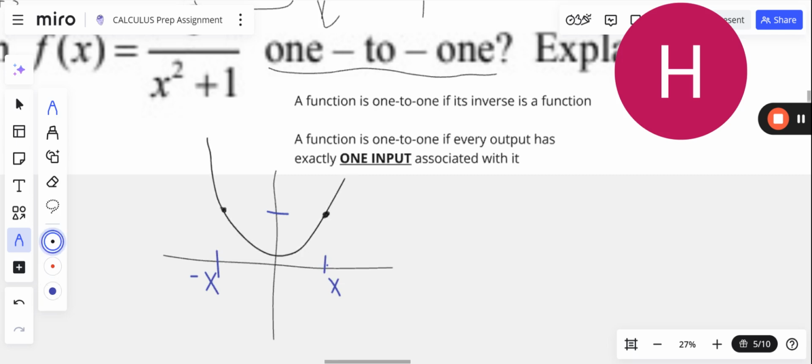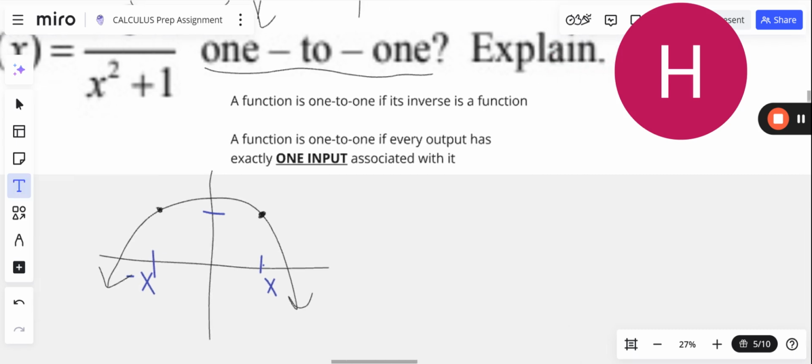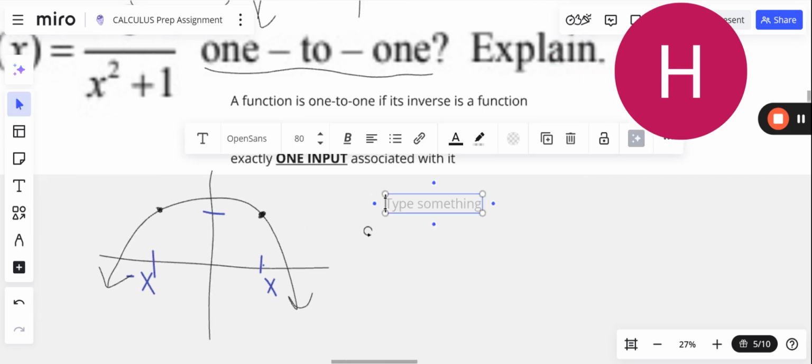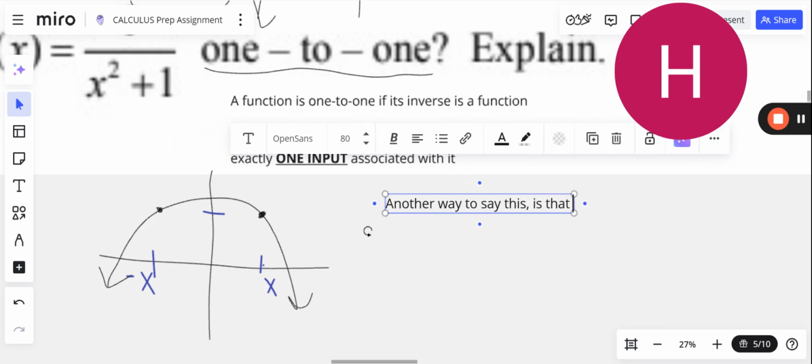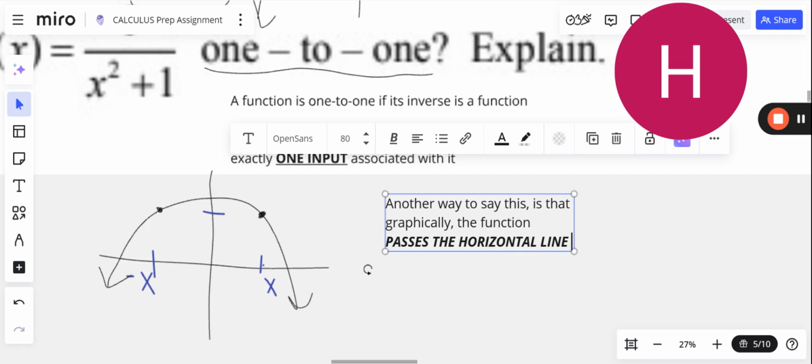So another way to write this, by the way, I guess I can do it like this so that it's not in the way of my text. Another way to say this is that graphically, the function passes the horizontal line test.